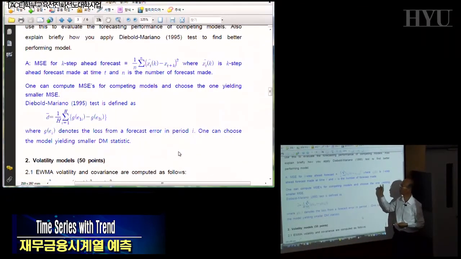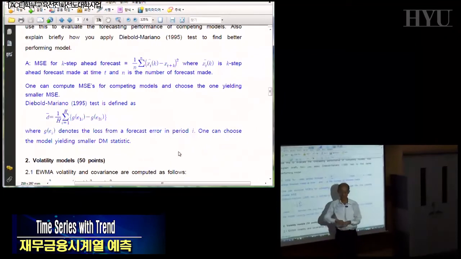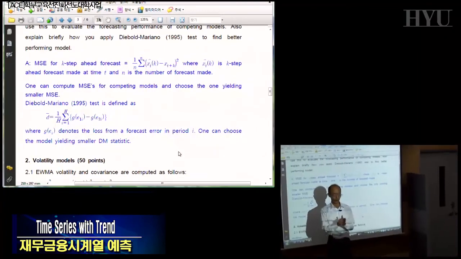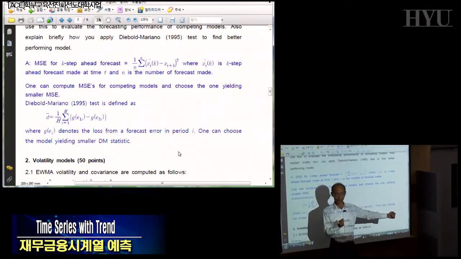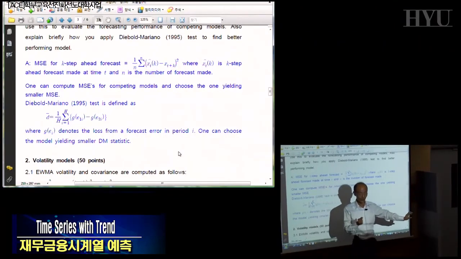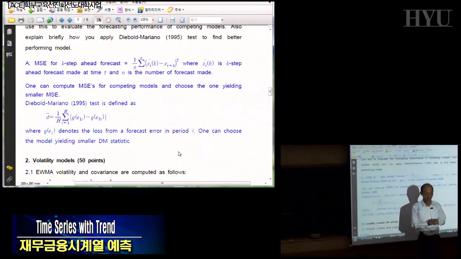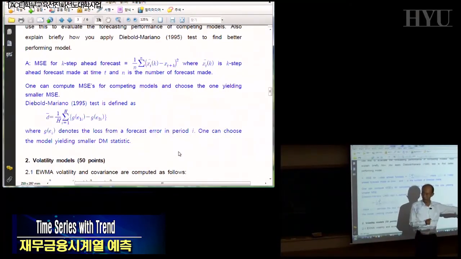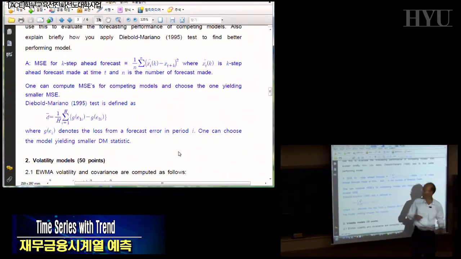And you can do the same thing. The k is tail ahead. So if k is 2, generate 2 step ahead forecast and compare with spared actual value there. Okay. The next period, fit the model again and generate 2 step ahead forecast and compare with actual. And you do it several times. How many times?